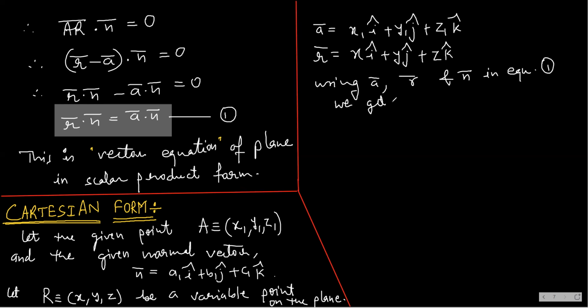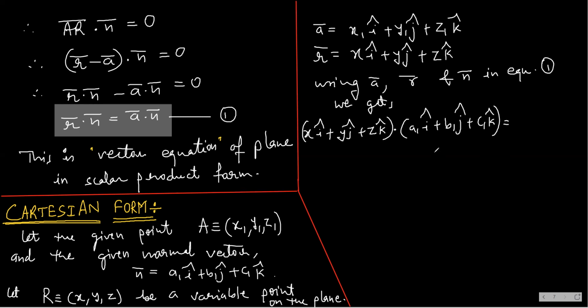We get what we will get. You can check R bar dot N bar. So x i cap plus y j cap plus z k cap dot N bar, where N bar is a1 i cap plus b1 j cap plus c1 k cap, equals A bar dot N bar.